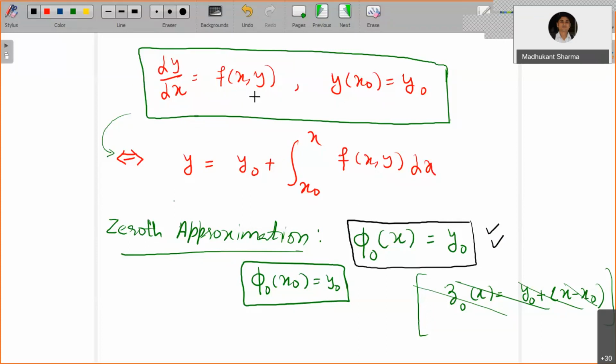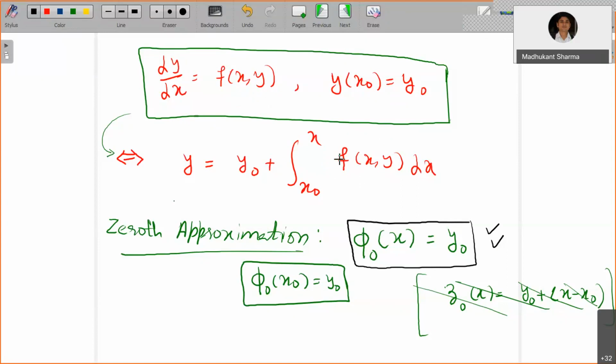Earlier the problem was here in the right hand side: this is a function involving the unknown function. This is why this integral cannot be solved, and we cannot get the analytical solution here. So from the approximating point of view, we have to replace this integrand by some known things.